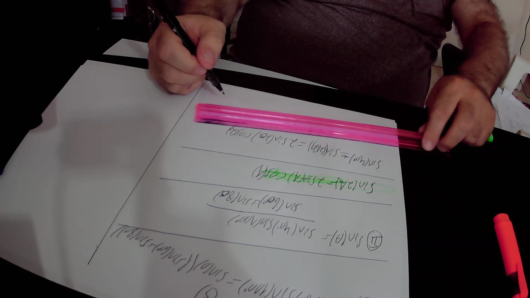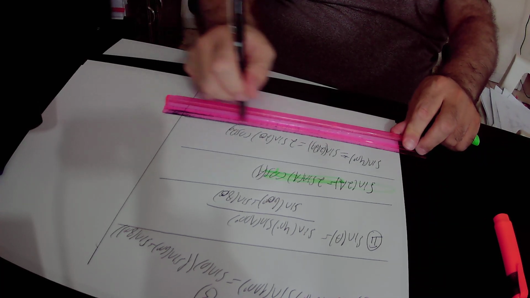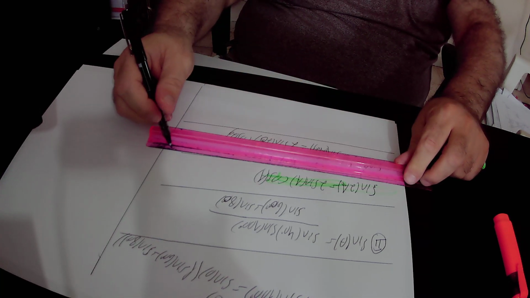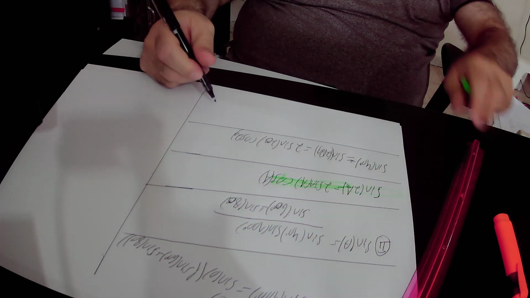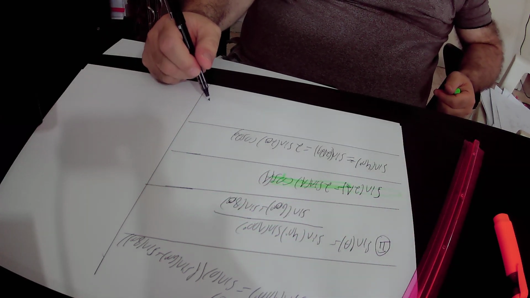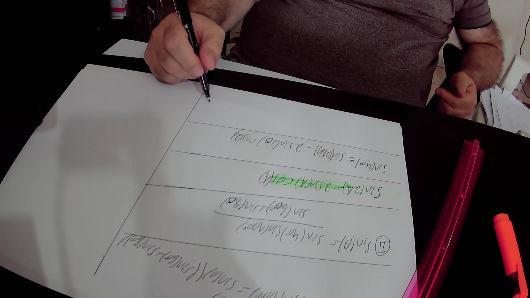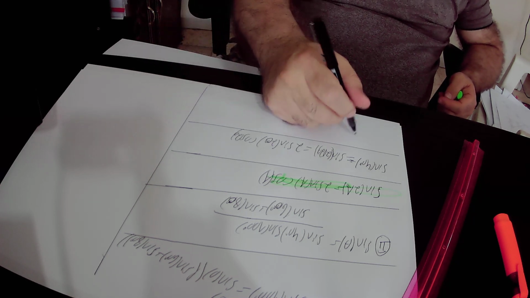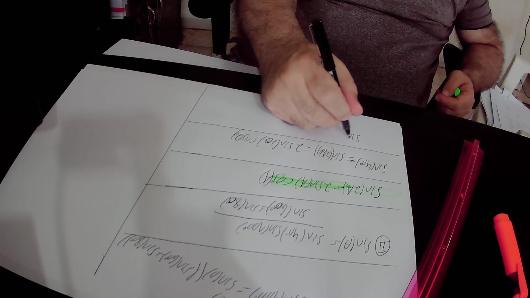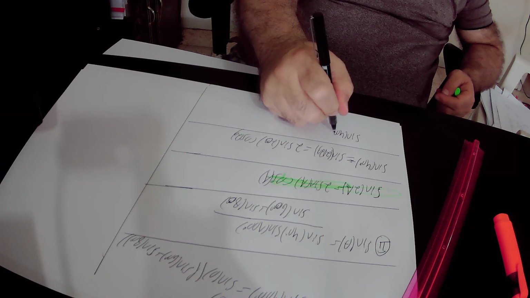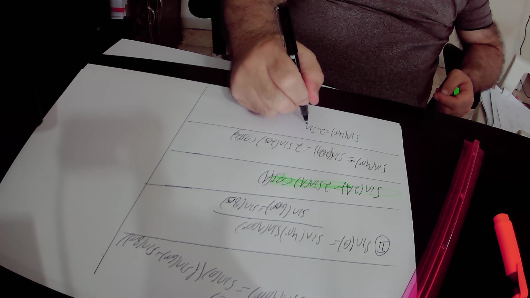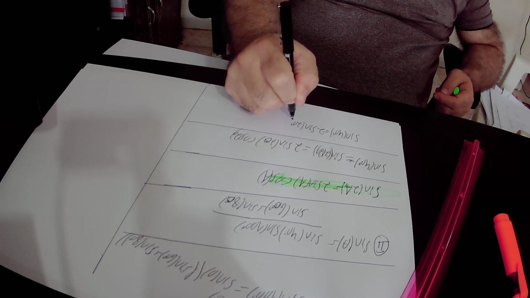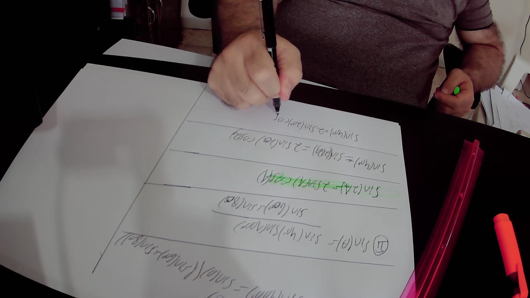So here we found out that sinus 40 degrees is equal to 2 times sinus 20 degrees times cosine 20 degrees.